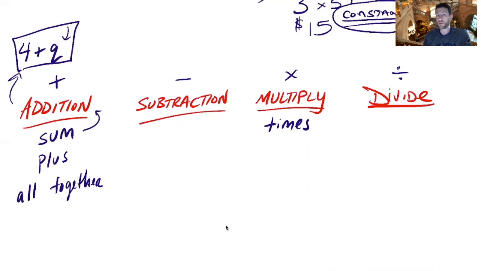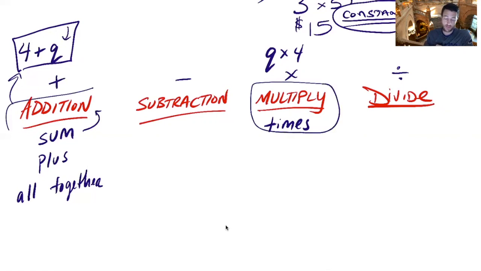Not many words lead to multiplication besides multiply and times. But again, if I have a number times 4, q times 4. Or I could put that 4 times q, because order doesn't matter for these 2. It does for subtraction and division, and we're going to look at that right now.